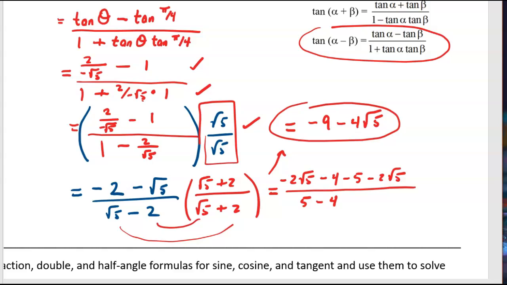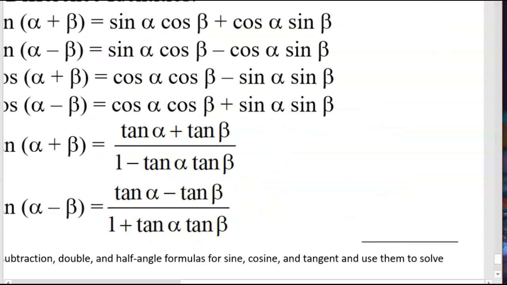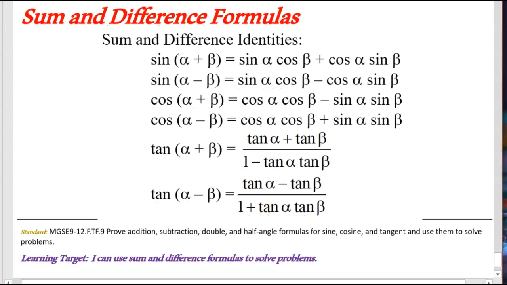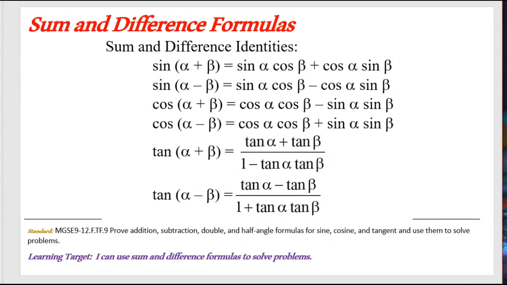Then if you still have a radical in the denominator, you multiply the numerator and the denominator by the conjugate of the denominator. Just alternate the signs, the purpose of which is to eliminate the square roots in the denominator. All right, guys. Well, that is any and every problem type that involves a sum or difference identity or formula.